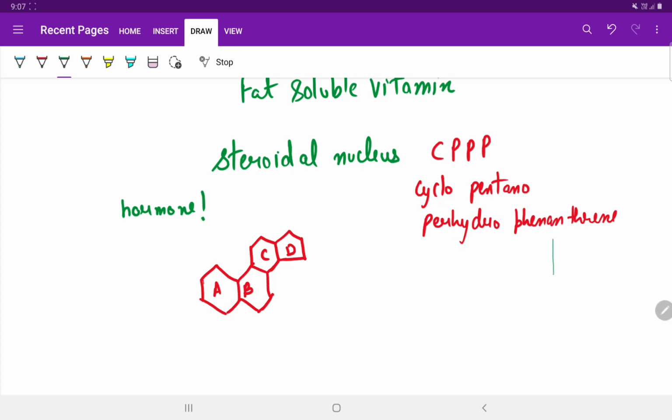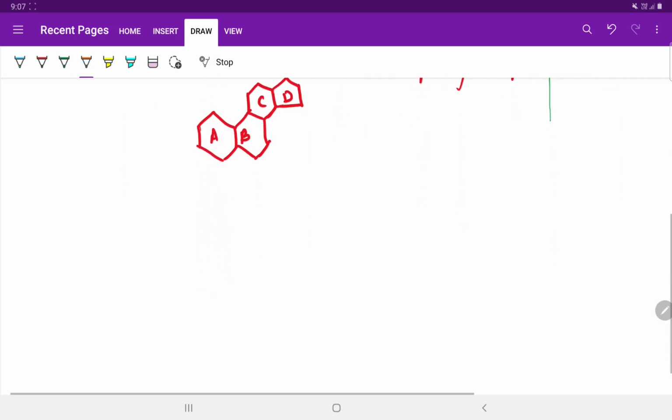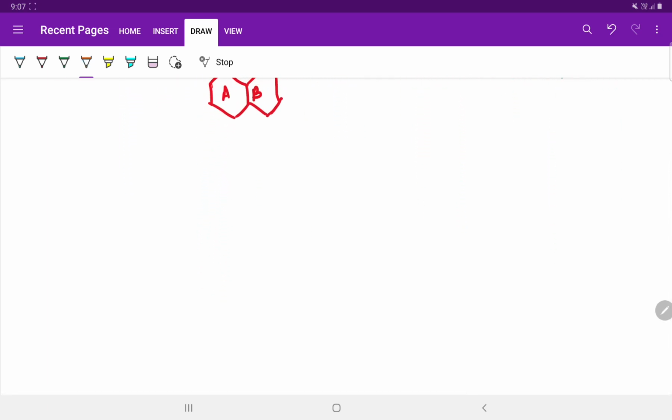So let us start how this is formed. Let us draw the structure for ergosterol first. In every provitamin form it will include the sterol nucleus or the C-triple-P ring structure. So first of all, draw that.